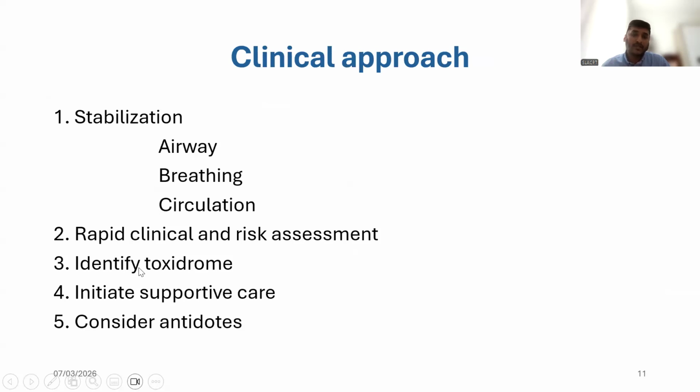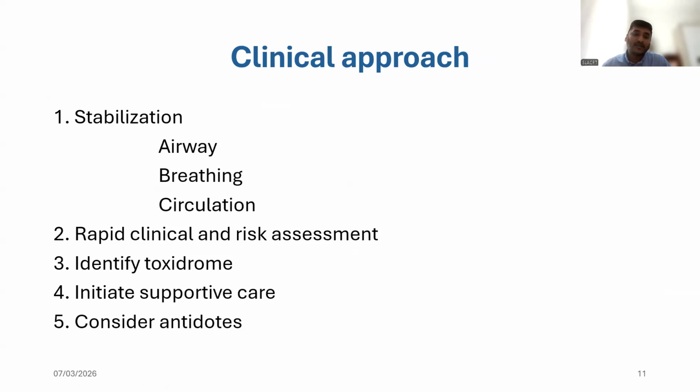Like in any other medication overdose, recreational drug overdose patients will be managed according to the same clinical approach. We will first stabilize the patient's airway, breathing, and circulation. We need to have a rapid clinical and risk assessment and identify the toxidrome during that assessment.